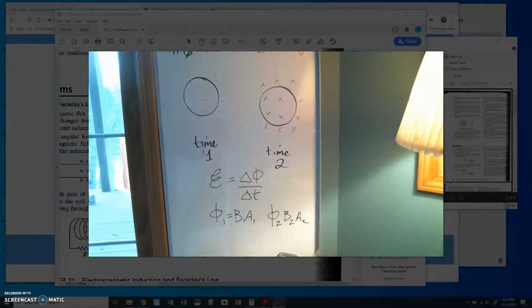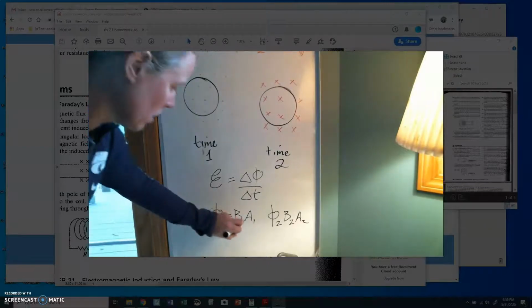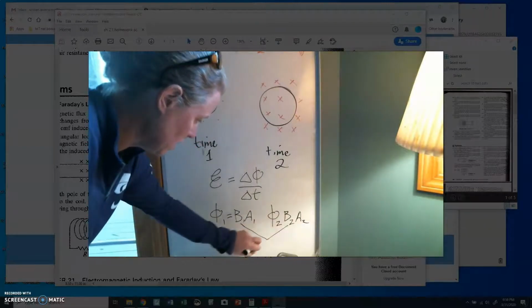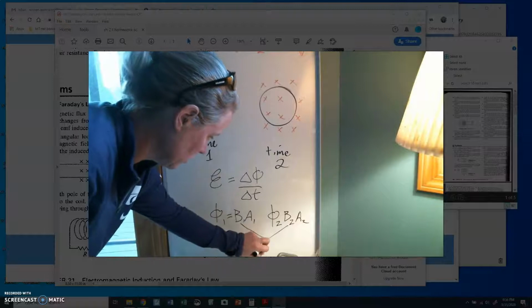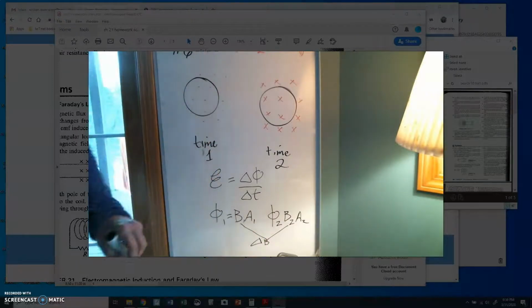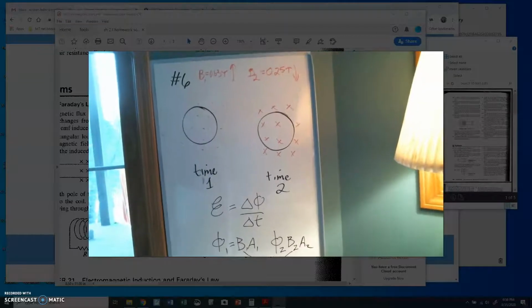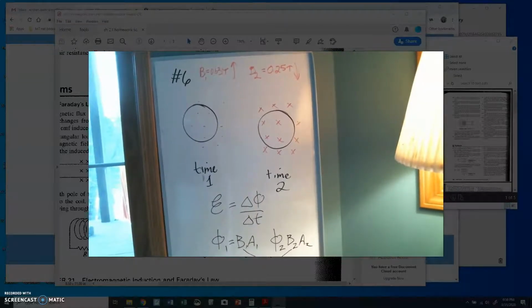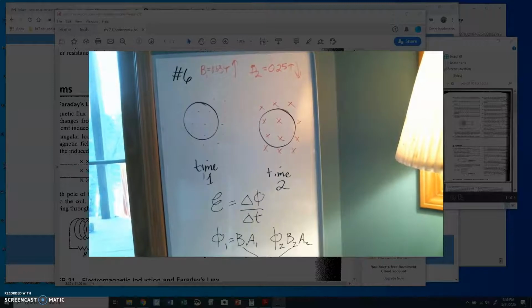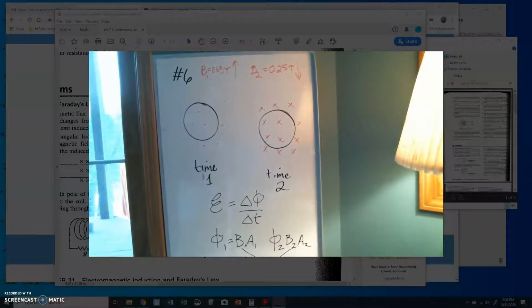All right. So I can get a delta phi because my B is changing, right? From an upward 0.63 to a downward, so we've got a positive to a negative, and so that delta B is going to be greater. And the area is going to stay the same.